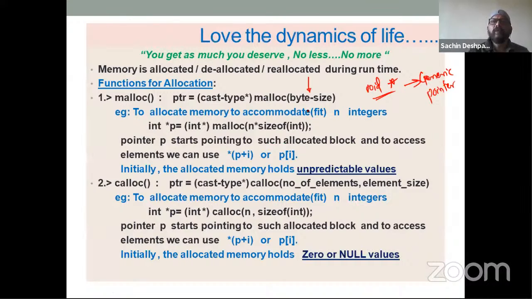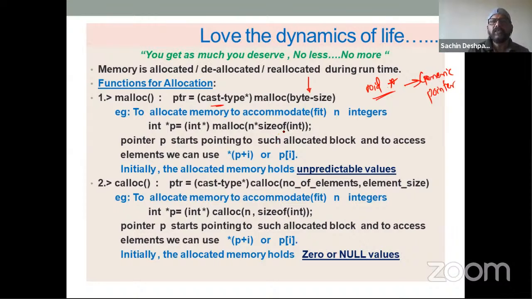Now coming back, what I'm telling you is that malloc returns a void type pointer. So that is the reason this typecasting is required. So if we want memory to get allocated which is sufficient to accommodate n integers, then n multiplied by sizeof int we need to write.